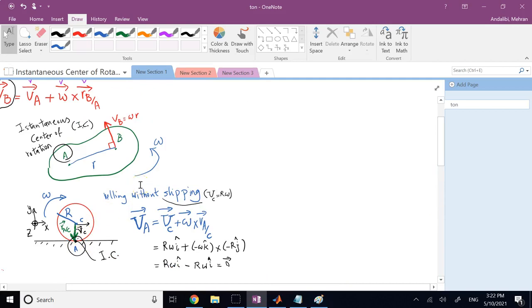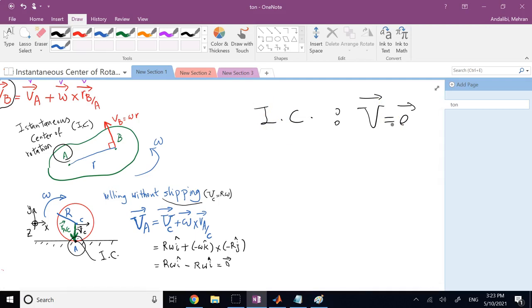Anyways, this idea of instantaneous center is there is one point for the rigid body that I can assume the velocity of it at this point equals 0. There is a point called instantaneous center of rotation for which the instantaneous velocity is equal to 0.